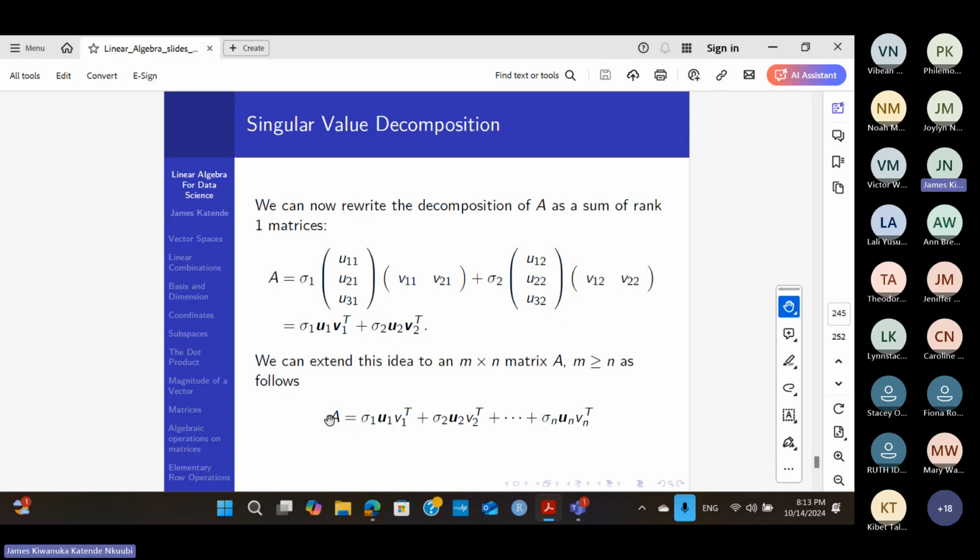This is now the expansion of an m by n matrix, where U1 up to Un are just the left singular vectors that make up the matrix U. And V1 up to Vn are also the right singular vectors that make up the matrix V.